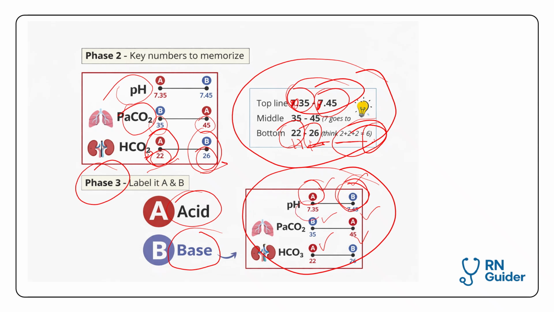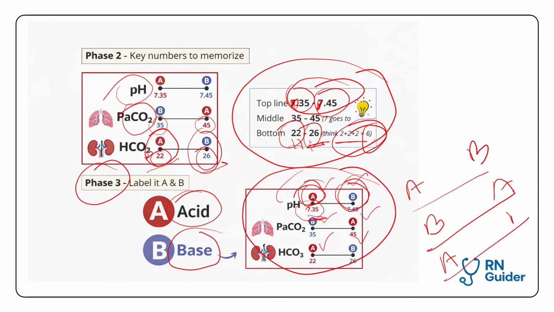So if the pH value is below 7.35, what will be the diagnosis? According to the chart, it is already written that for pH we have to write like this: first step A, B, second step B, A opposite, and third step A and B, or ABA or BAB.